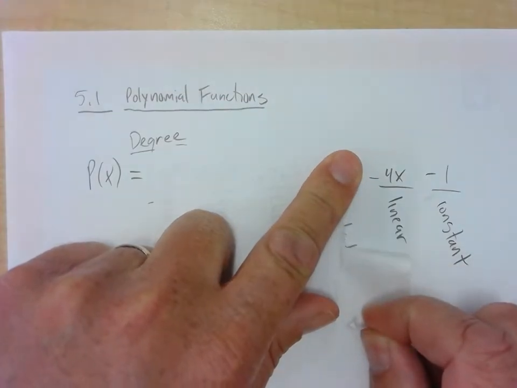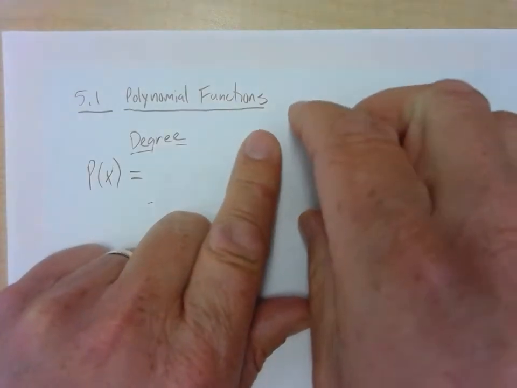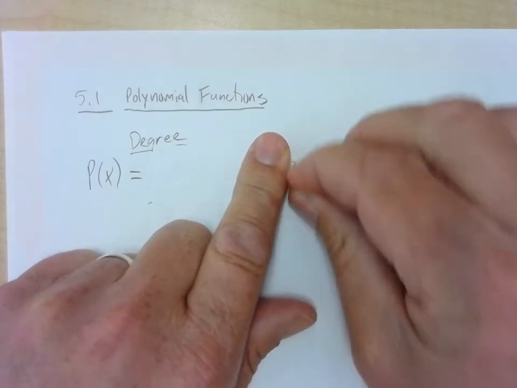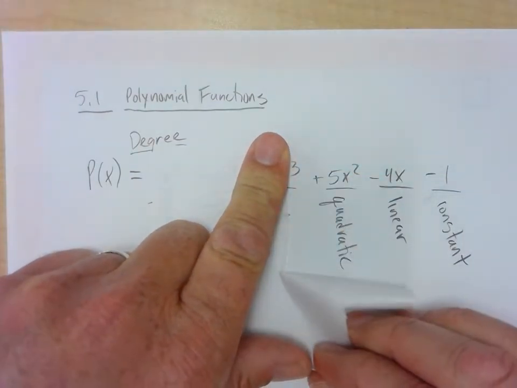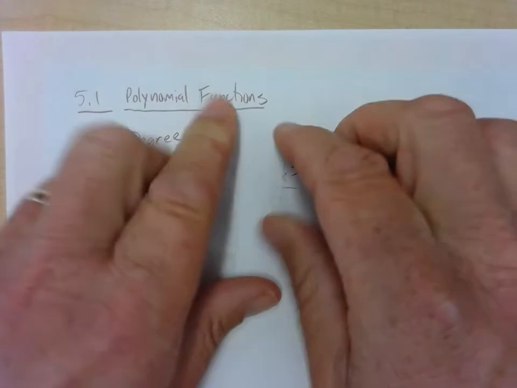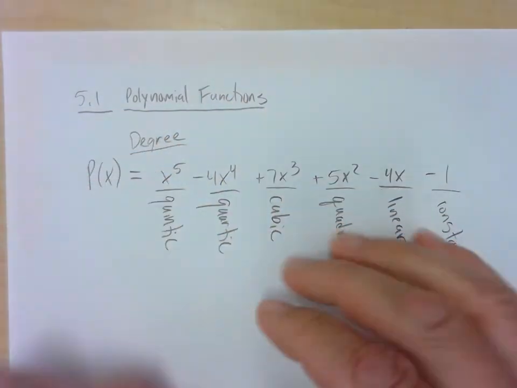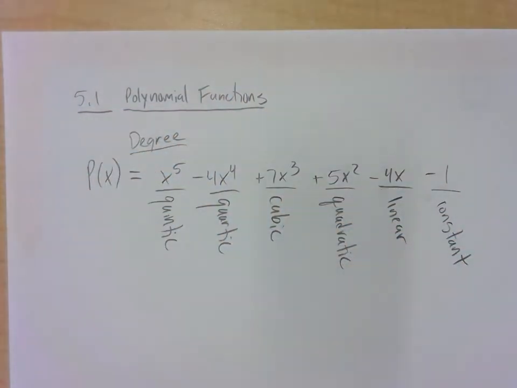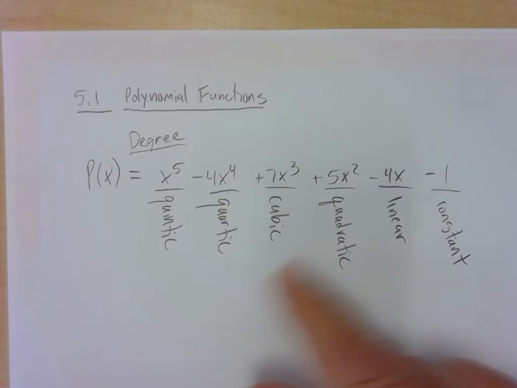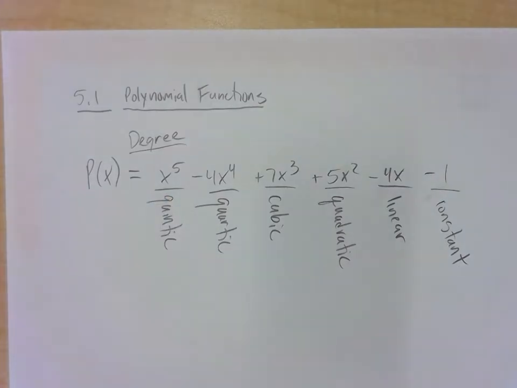It'd be a linear polynomial. And then if you add in the next part, you would say it's a quadratic polynomial. And if we go to the next part, we'd say it's a cubic, etc., etc. So the highest power is the name, but you can say, oh, what's the cubic term? And you would go right here. But the overall name of this would be a fifth degree polynomial or a quintic polynomial.